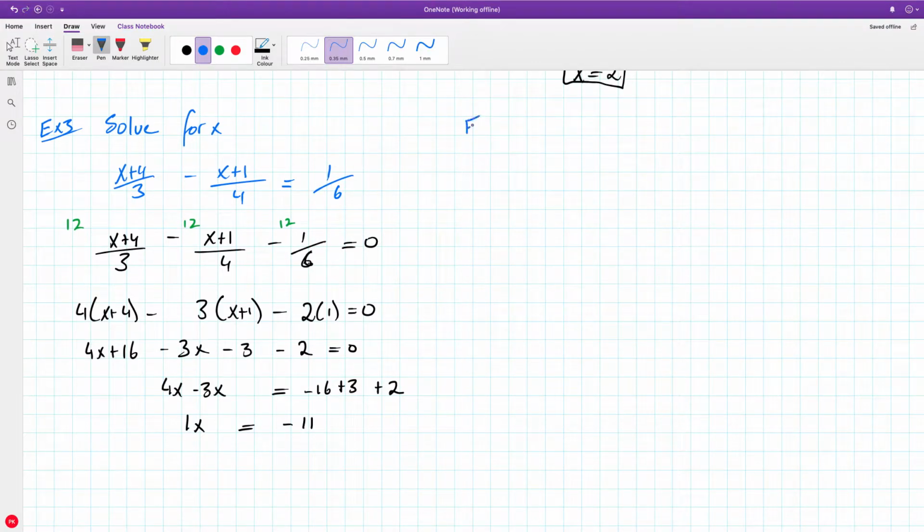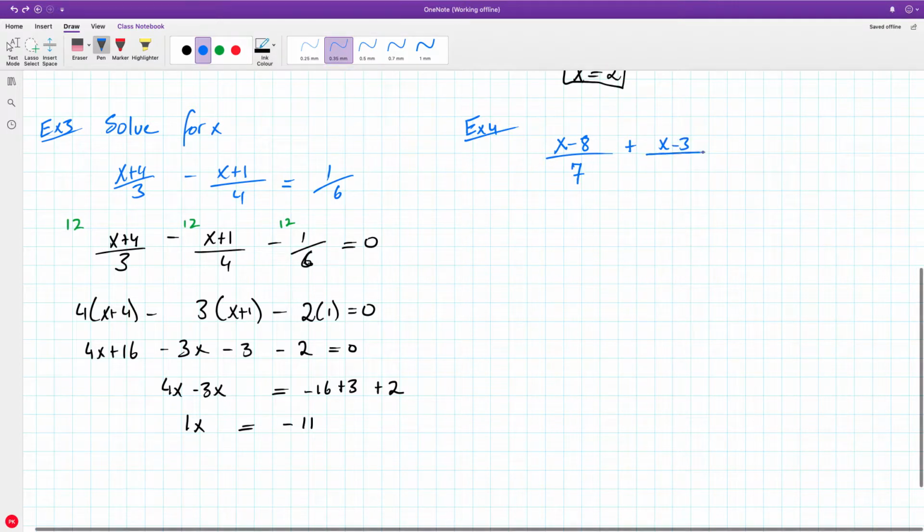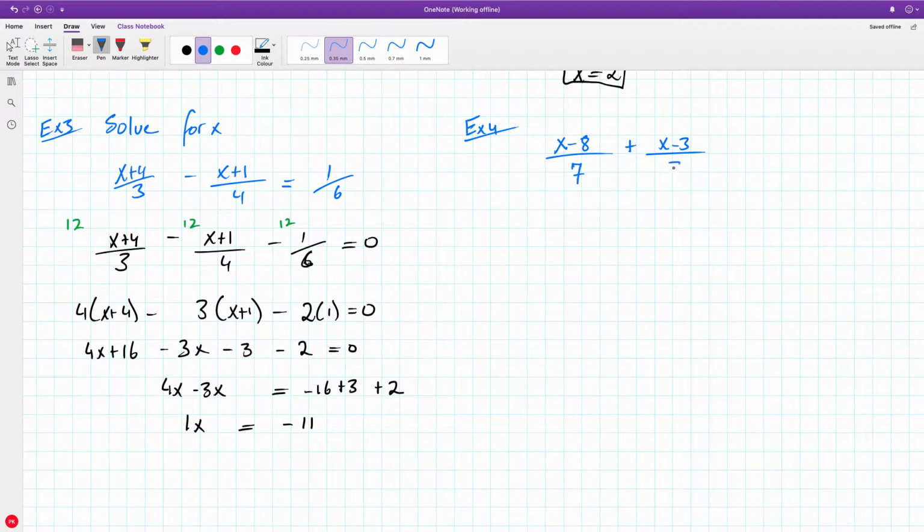Exact same thing again. These don't get much harder than this. Quadratics, we're going to be doing quadratics next week. We're going to be doing linear equations and hopefully simultaneous equations today.